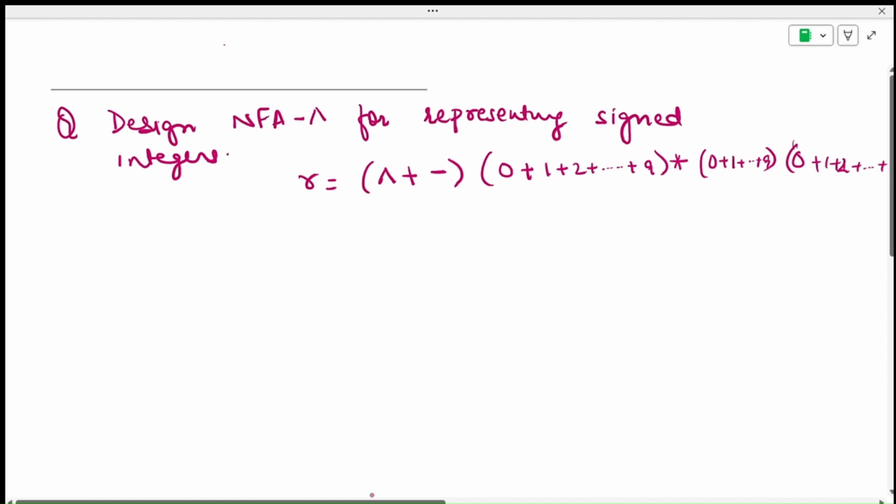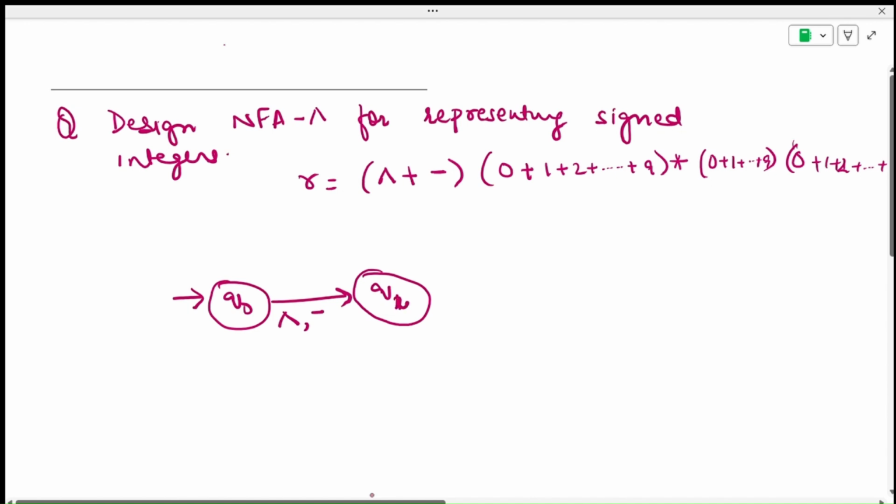See this optional negative sign. When we have an optional negative sign, we can have a null or start from Q0 on reading either null, when we have a positive integer, or the negative sign, when it is a negative number, and move to the next state Q1.